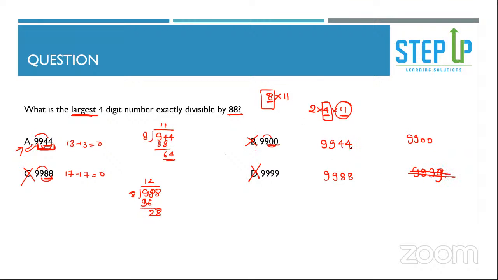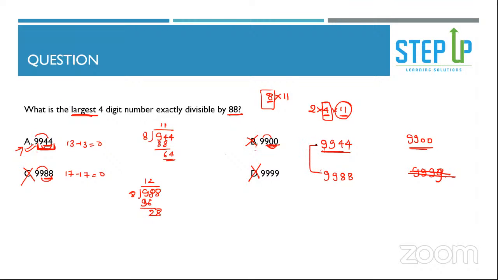Now all the options are divisible by 11, because if you go by the alternate rule, sum of the digits at alternate places and the subtraction, at alternate places it's the same digit. So it is working. So out of these, if I look at this, these two numbers are bigger than this one. So this will be my last option, because they are talking about the largest.